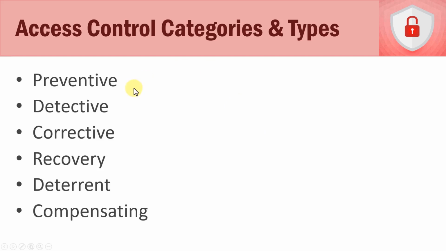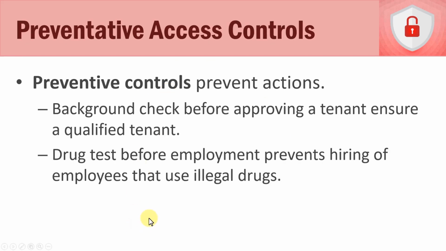So let's go ahead and let's take a look at the first one, which are preventative access control measures. So these prevent actions. So for example, a background check for a potential employee or contractor before approving that they have access to something. And in this example, we say a tenant. So let's say that you are a building manager and a tenant wants to come in and rent some office space.